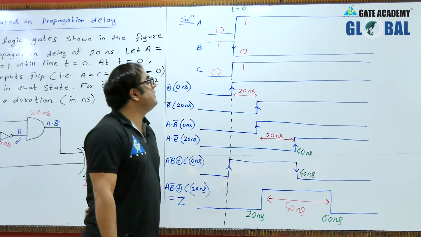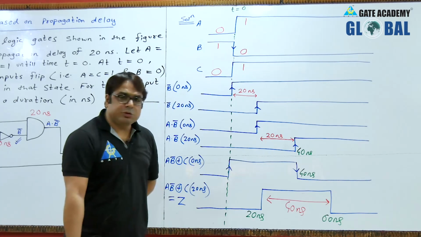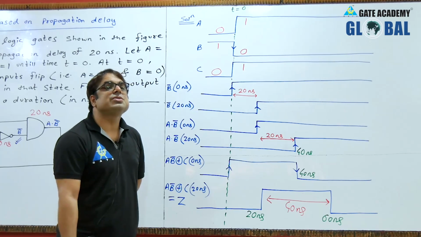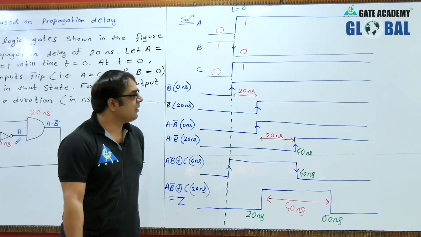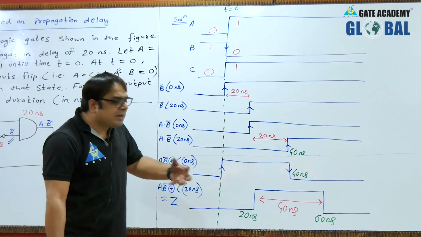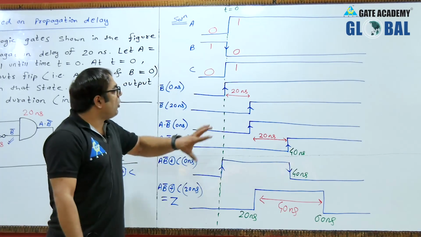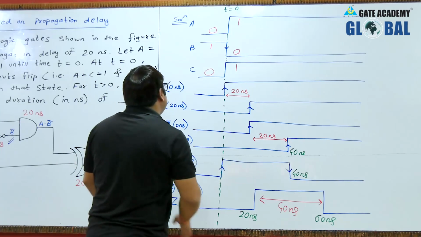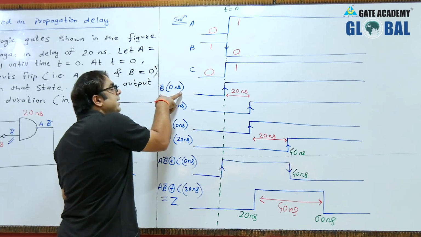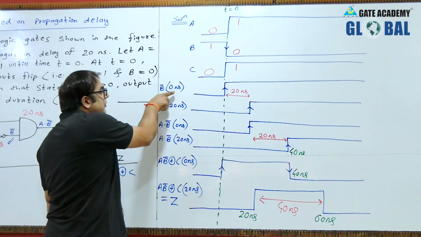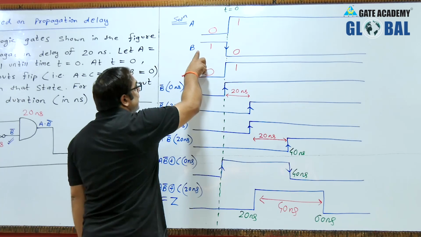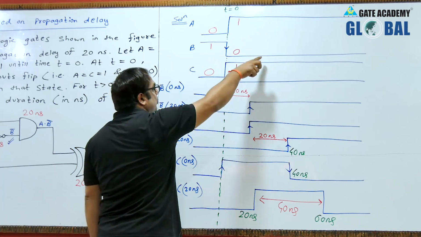Now, how can you cut short the solution, or how can you cut short the time which is being used to solve this question? Once you get comfortable with this method, you will not need to draw the waveform of this 0 nanosecond. See, this is B having a transition from high to low.